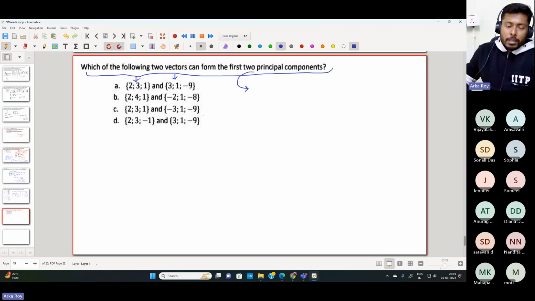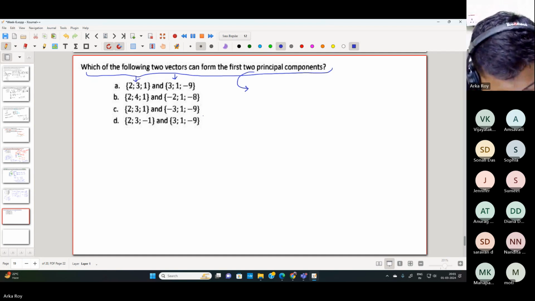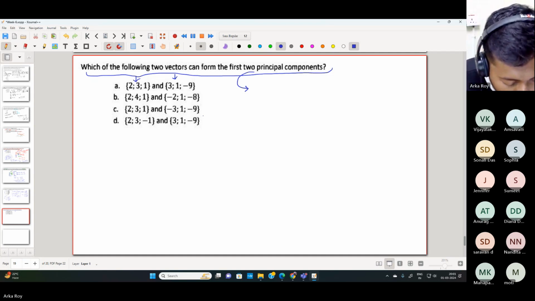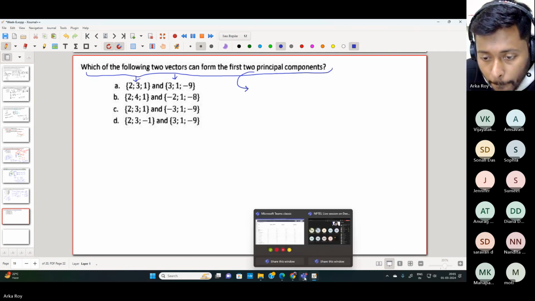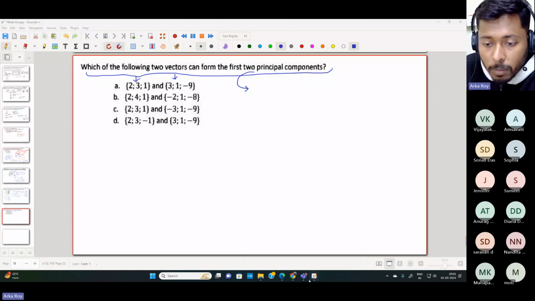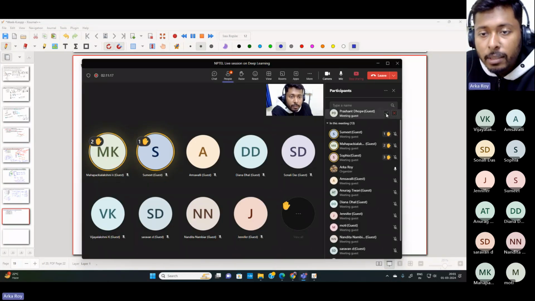What are the properties of principal component? They are orthogonal. Yeah, they are orthogonal basically. And why are they orthogonal? Any reasoning for that?